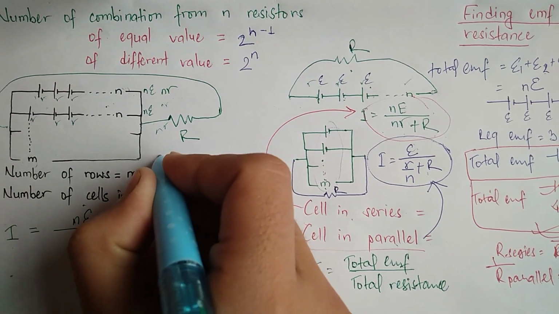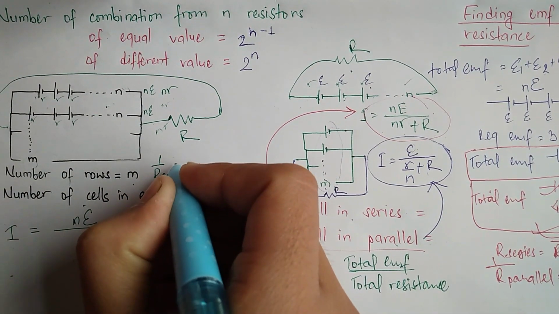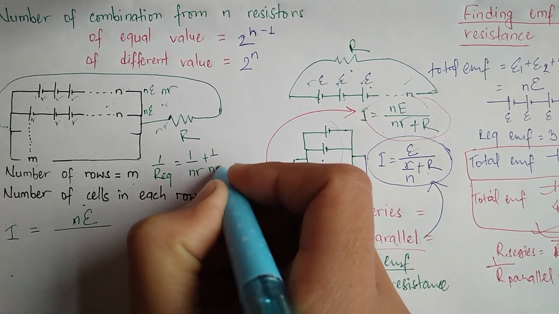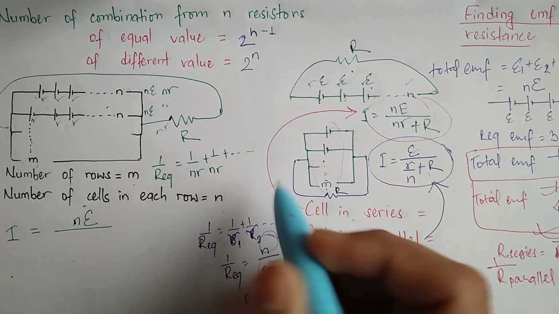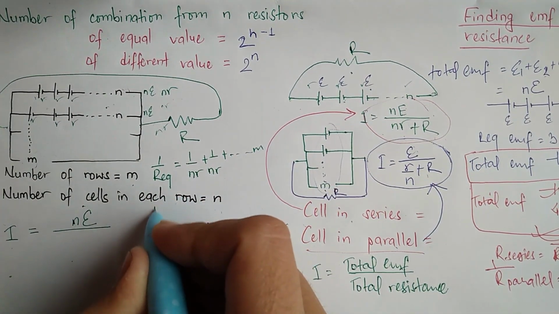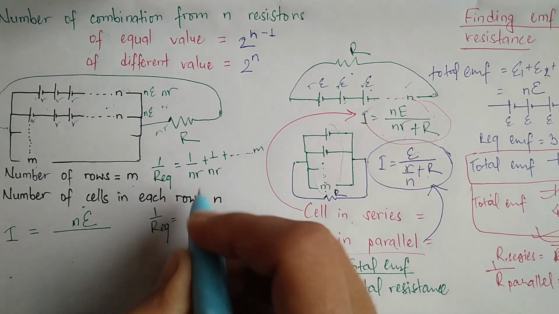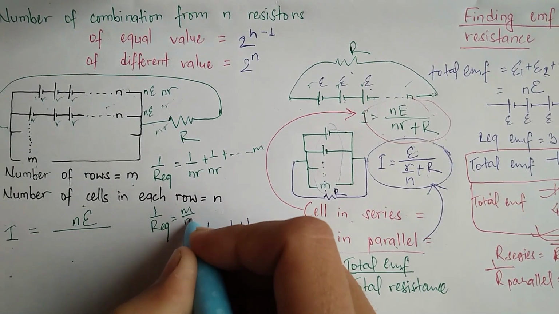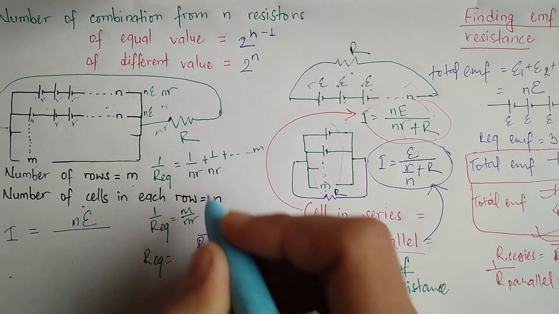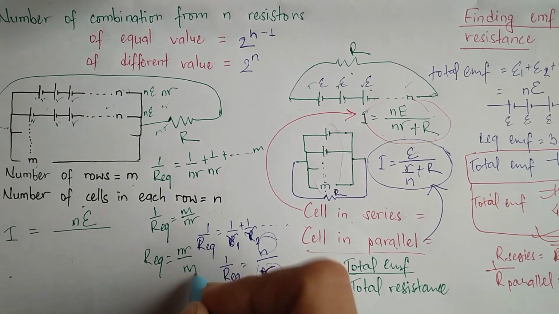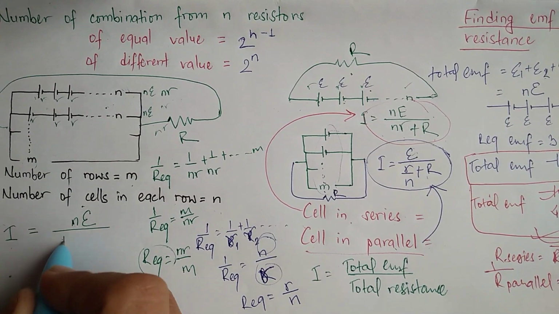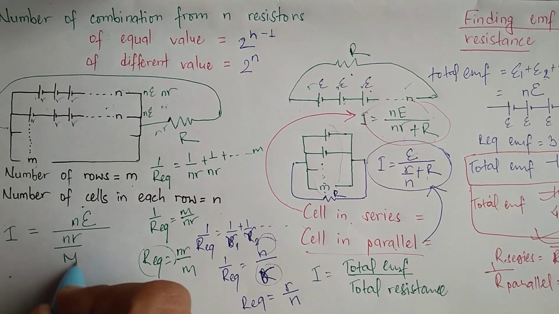Then to find R equivalent: 1 by R equivalent equals 1 by nr plus 1 by nr plus ... it will go up to m times. So 1 by R equivalent equals m by nr. So now the required R equivalent equals nr by m.